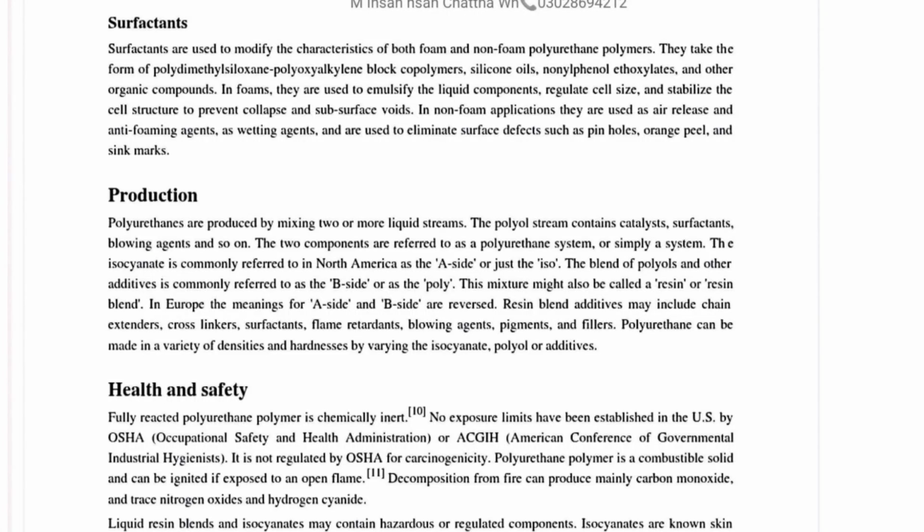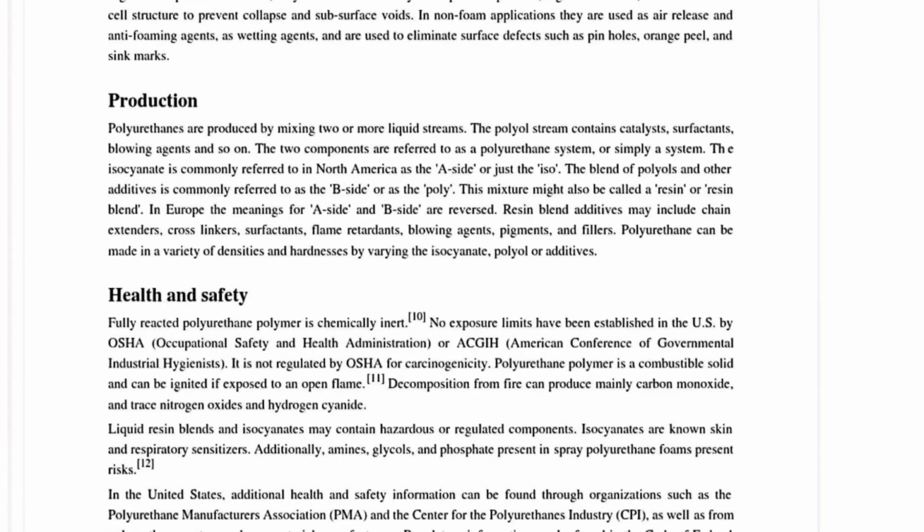Health hazard issues and safety: fully reacted polyurethane is chemically inert. No exposure limit is established as yet, but liquid resin blended with isocyanate may have many hazards and health issues, on the skin and respiratory issues.